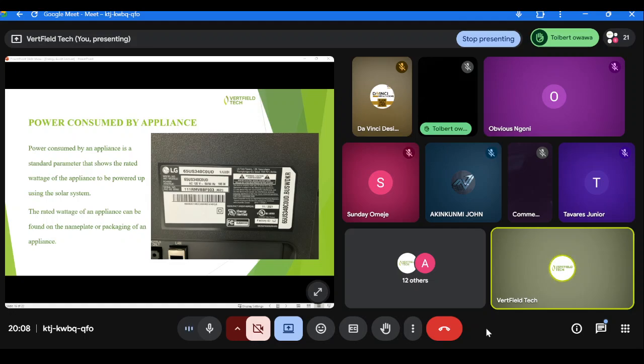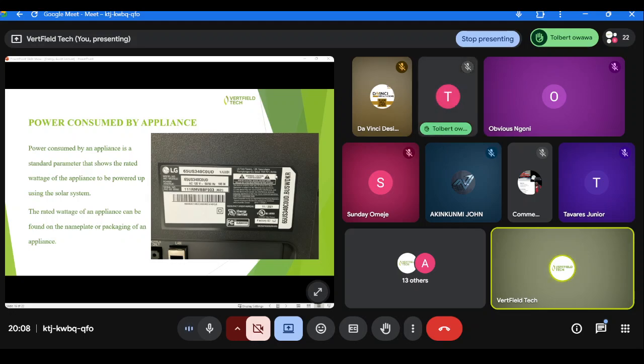On my screen tonight, we have a typical example of an LG TV nameplate. So this is a little test to see if you are following and know what we're talking about. On this nameplate, who can tell us the energy consumption of this LG television?